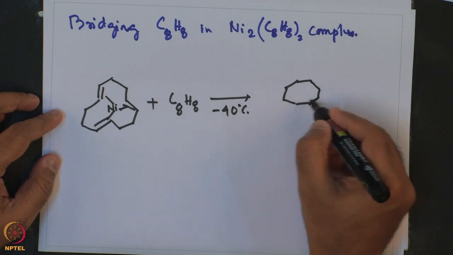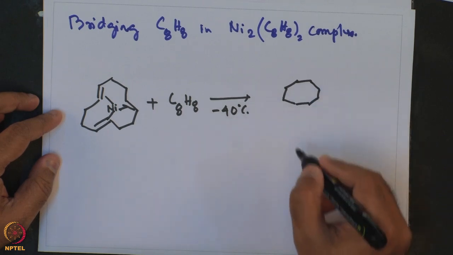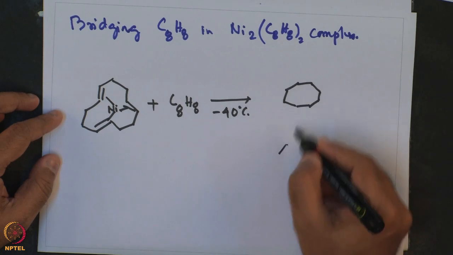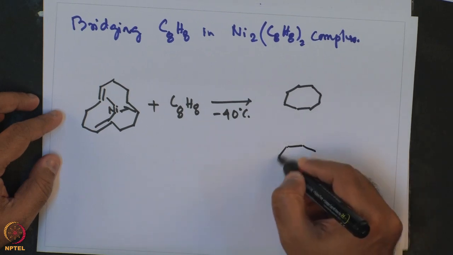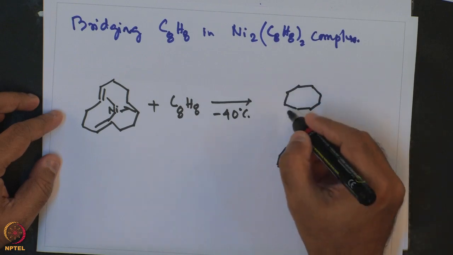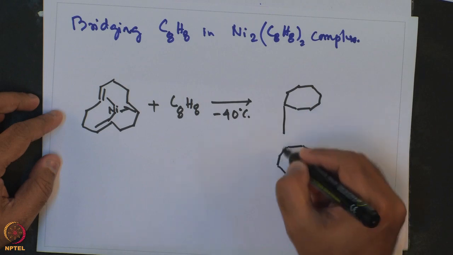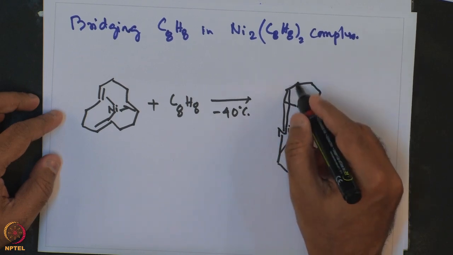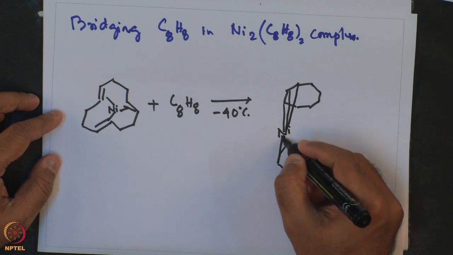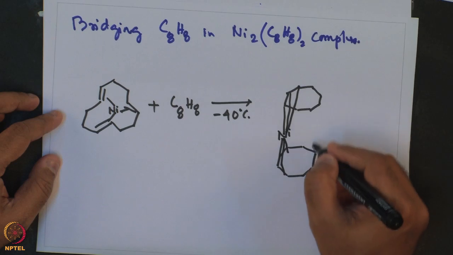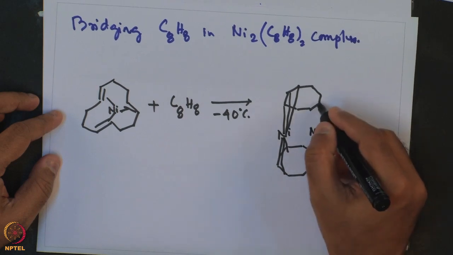this ring, where both the nickels are bound in an eta 3 fashion, and similarly over here.